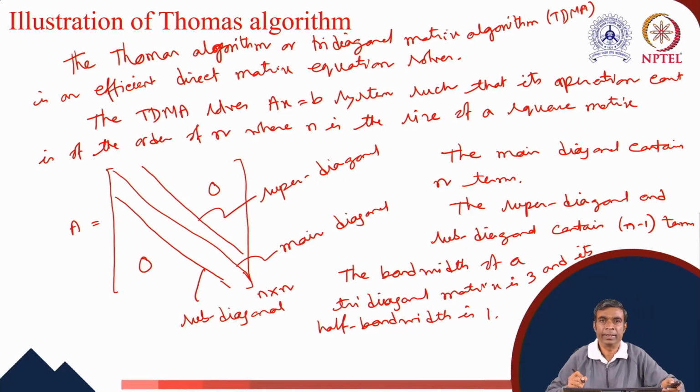Tridiagonal matrices are generally obtained in one-dimensional heat transfer and fluid flow problems when we use the Galerkin formulations.